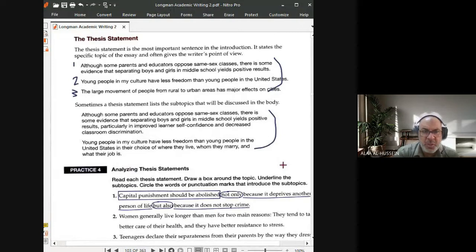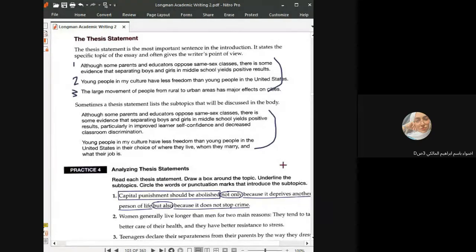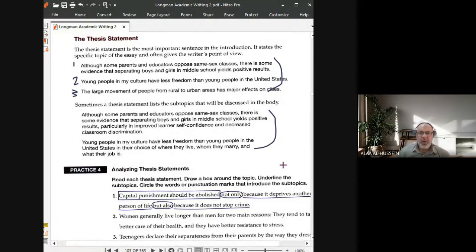And what about the first group? Is there any controlling idea or not? Talking about the topic, introducing the topic. Introducing the topic, yes. And the second group, what about sentence number 1 and sentence number 2?